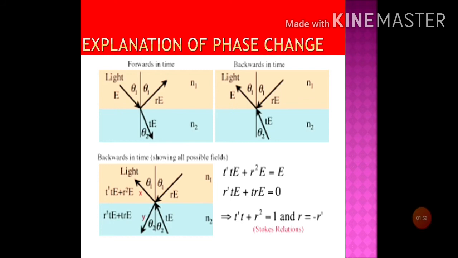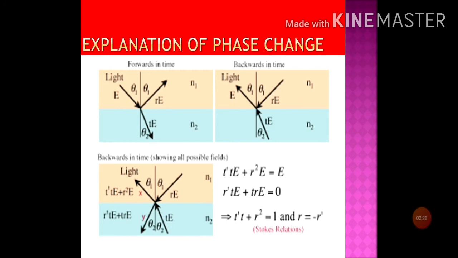Now you can see in the very first figure, I have used two mediums. Medium number 1 has the refractive index N1 and medium 2 has the refractive index N2. If N2 is greater than N1, then medium N2 will be denser and medium N1 will be the rarer medium. Now I have incident light having amplitude E on the surface of the denser medium N2.